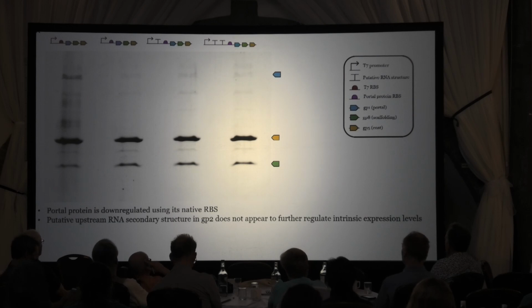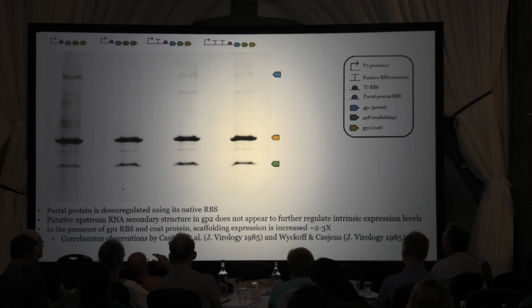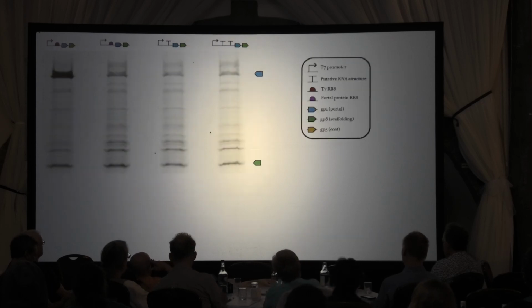The putative upstream RNA secondary structure in GP2 did not appear to further regulate GP1 expression. And in the presence of the GP1 ribosome binding site and coat protein, scaffolding protein is increased about 2 to 3 times. This corroborates observations by Casjens and King in a couple of papers that showed a similar thing.